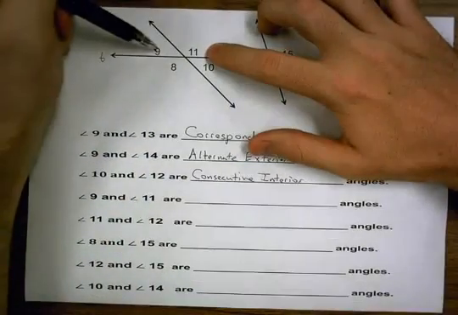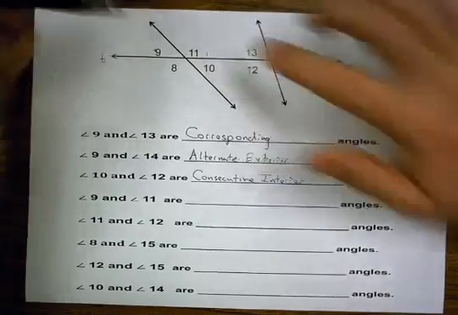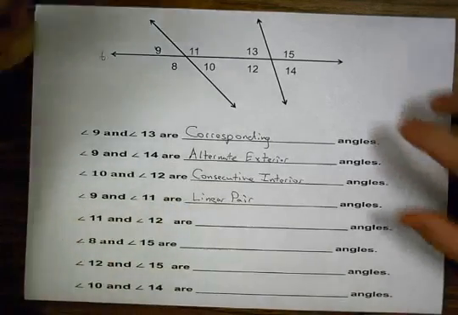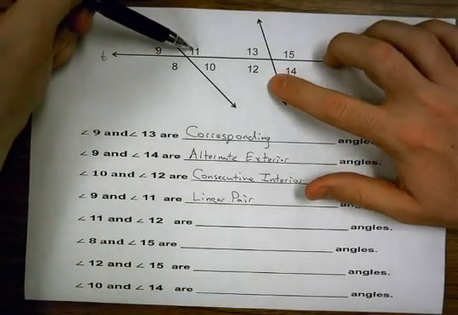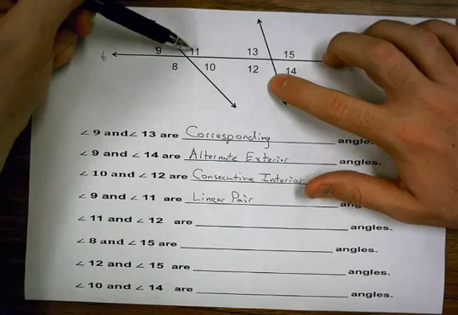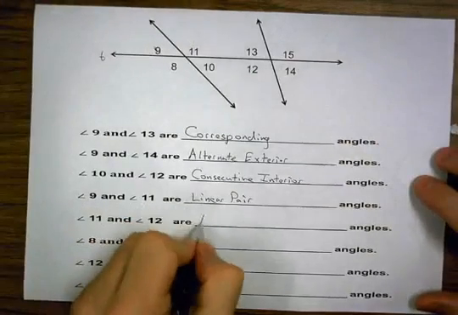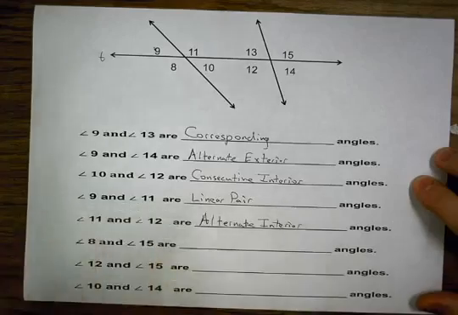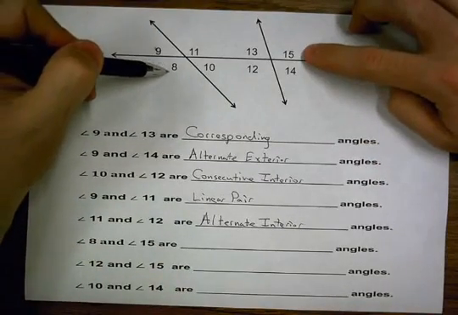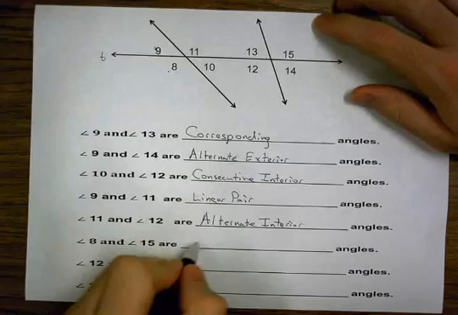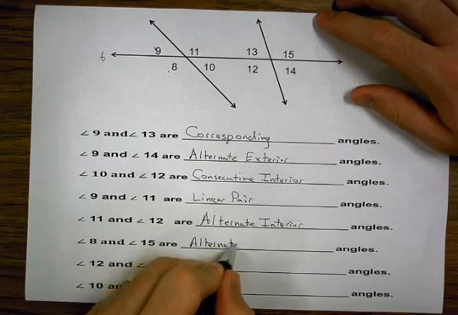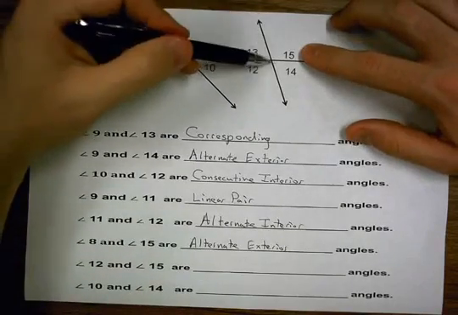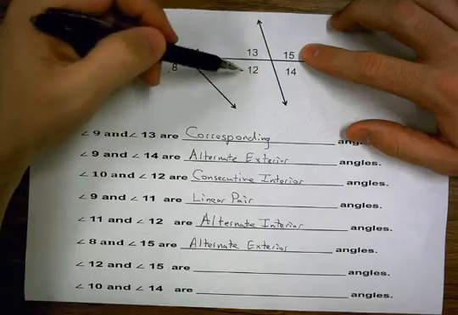9 and 11. Well, they're on the same intersection. They're adjacent to each other. Those are going to be a linear pair. 11 and 12. In between the lines, opposite sides, alternate interior. 8 and 15, outside the lines, opposite sides, alternate exterior. 12 and 15, they're at the same intersection, but they're on opposite sides of the intersection.